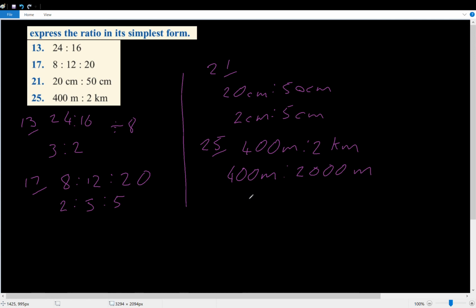If we divide them both by 100, we get 4 meters to 20 meters. And now you can see that both 4 and 20 can be divided by 4. So we get 1 meter to 5 meters. So our ratio of 400 meters to 2 kilometers can be simplified down to 1 meter to 5 meters. And that's that.